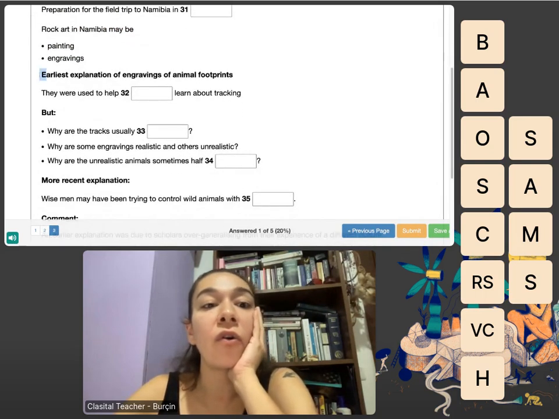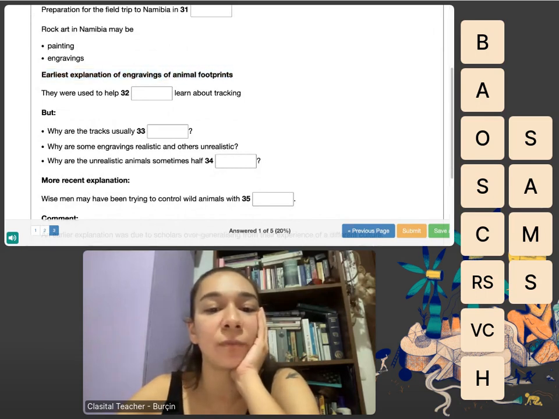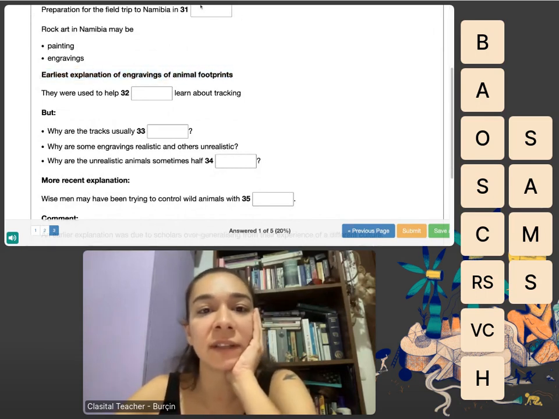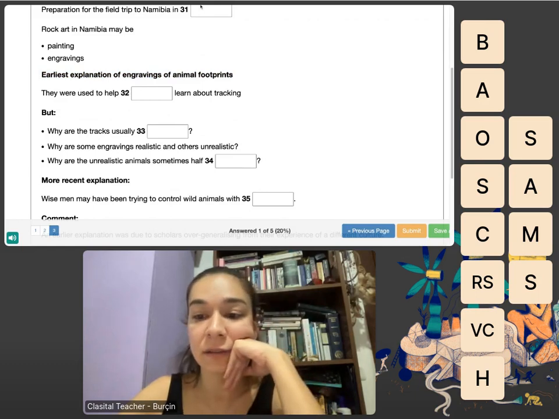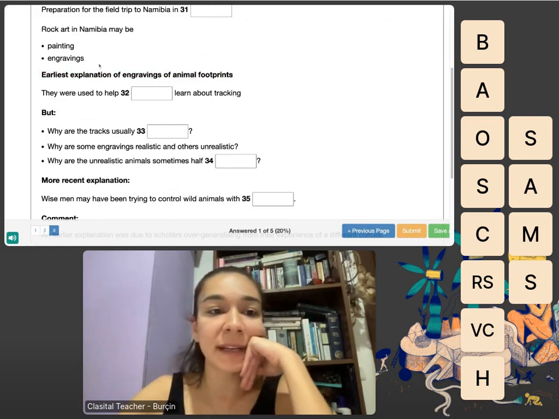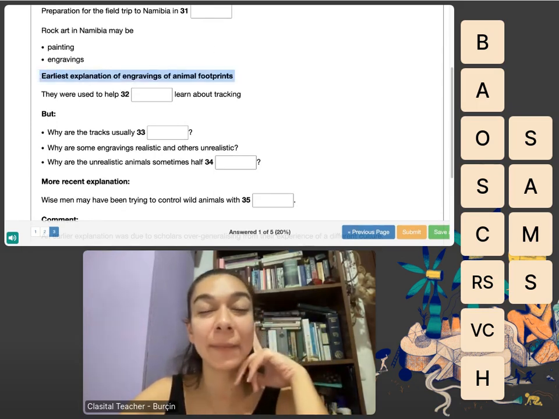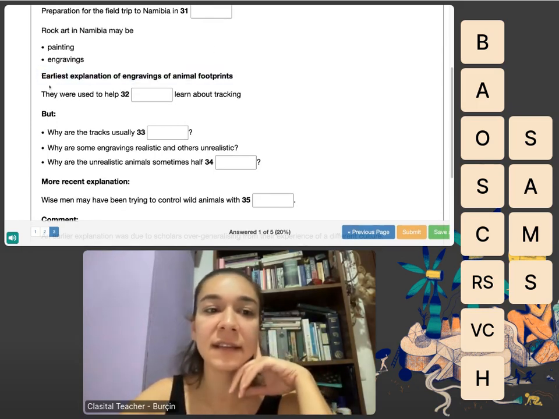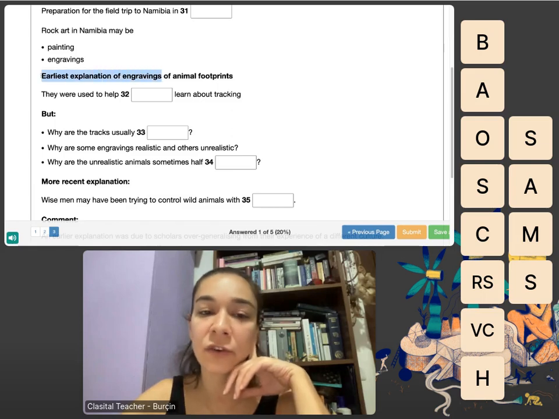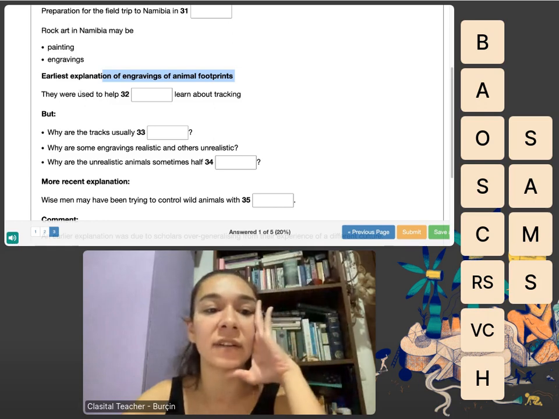Okay. Earliest explanation of engravings of animal footprints. In this one, you should expect to hear the key points, keywords here. It says earliest explanation of engravings of animal footprints. Okay, I have that one.